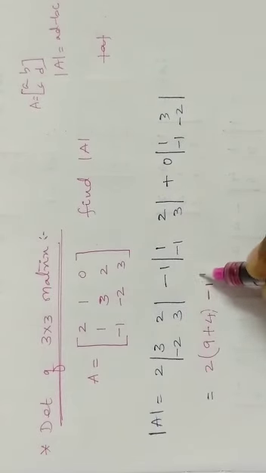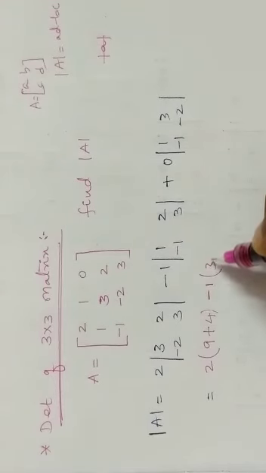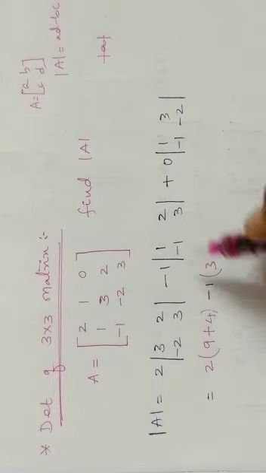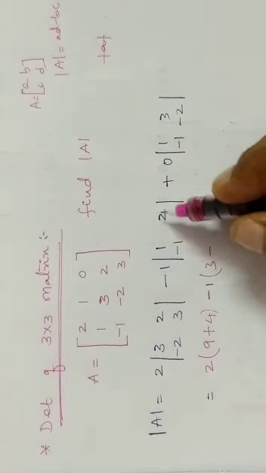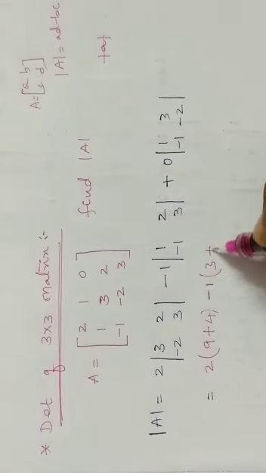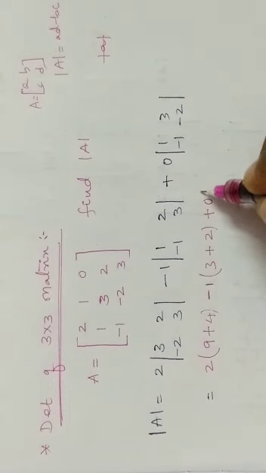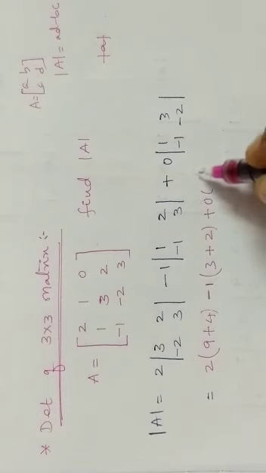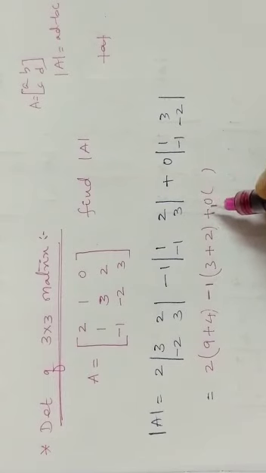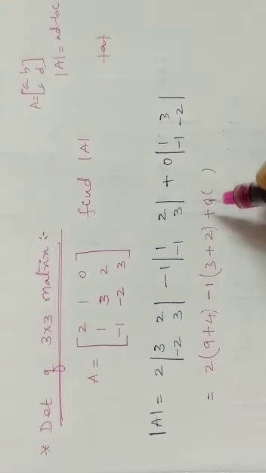Minus 1 into 3 3s minus, multiply these two, 2 into minus 1 is minus 2, minus into minus plus 2. Plus 0 into any number, 0. I am not finding this one because there is a 0. If you multiply this again you get a 0.